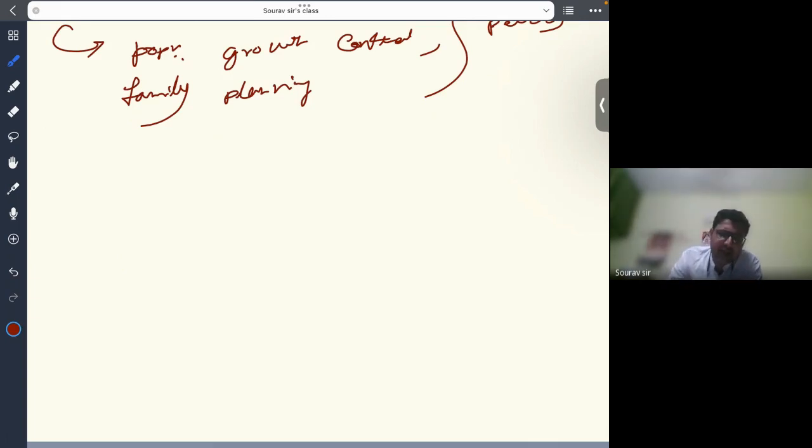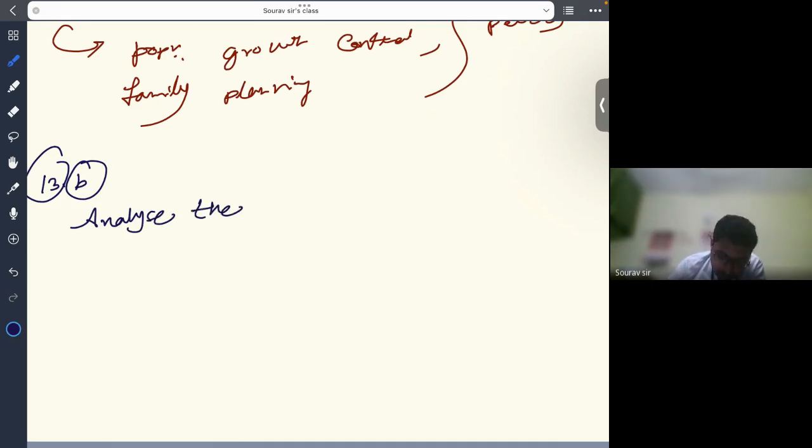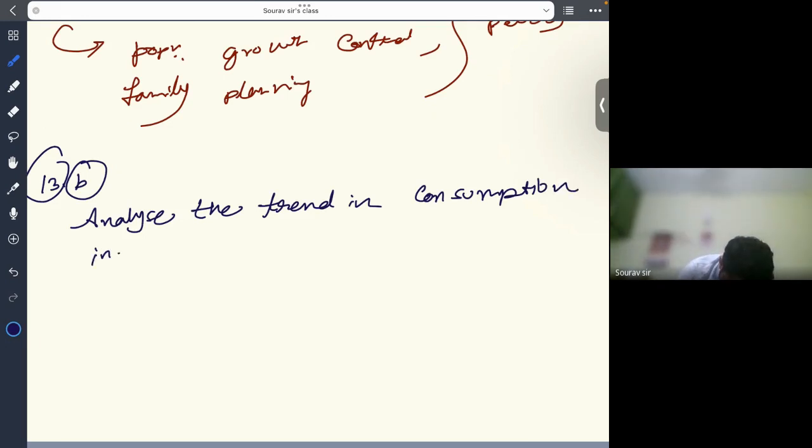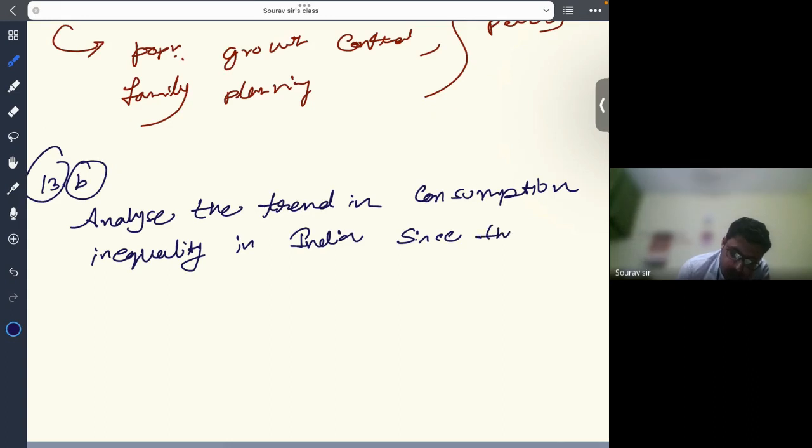So, analyze the trend in consumption inequality in India since the early 1990s.